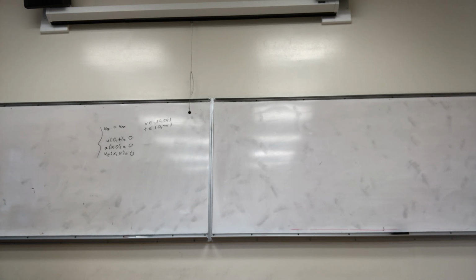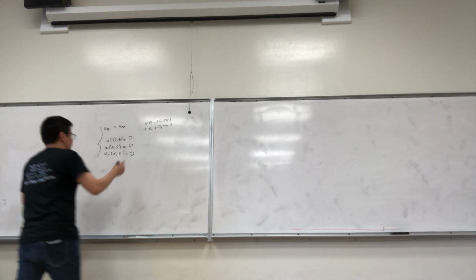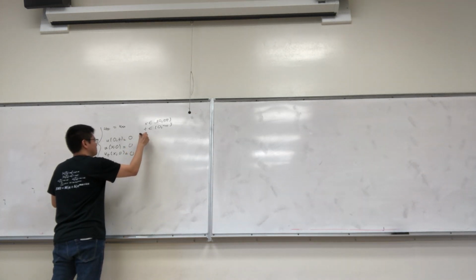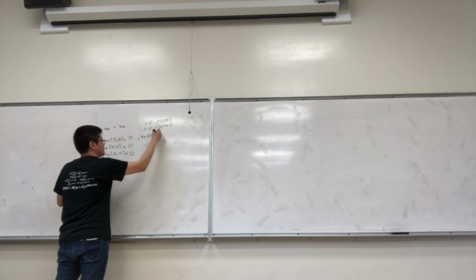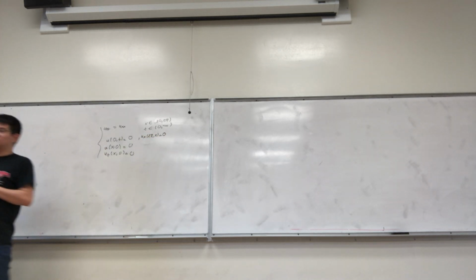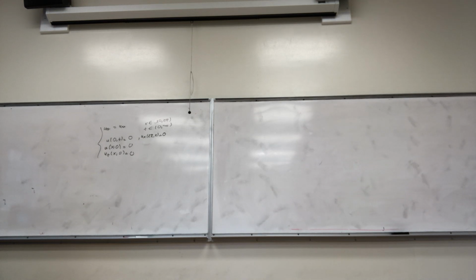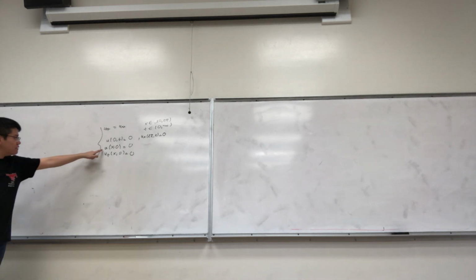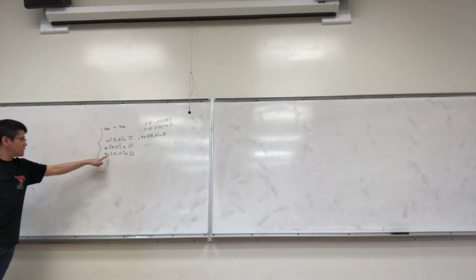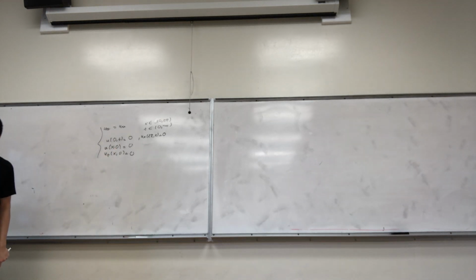You have u_x at 2 pi is also 0, right? So you have a boundary condition at x equal to 0, a boundary condition at x equal to 2 pi, and you also have initial conditions at t equals 0, u and u_t at 0, right?